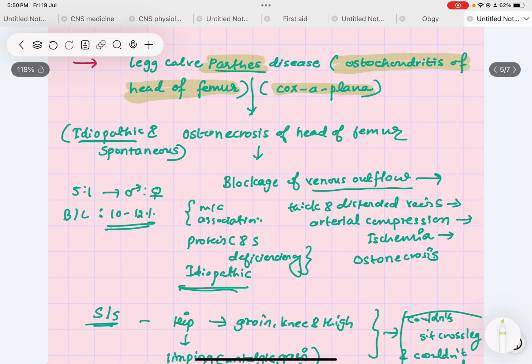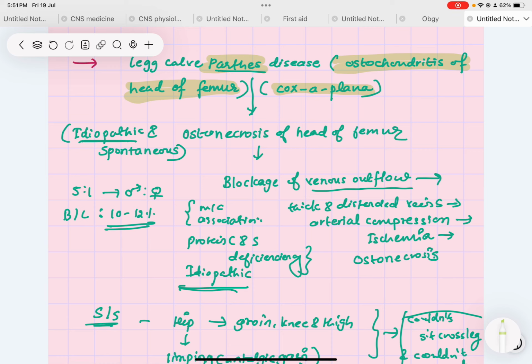And what is actually the pathophysiology that we are going to understand here, that Perthes disease is simply osteonecrosis of the head of the femur that is most commonly occurring in a child, and if it is in an adult it will be mainly due to trauma or steroid, alcohol, sickle cell anemia, Gaucher disease, radiation. But in adults it is mainly due to directly arterial blockage, while here it will be due to venous blockage.